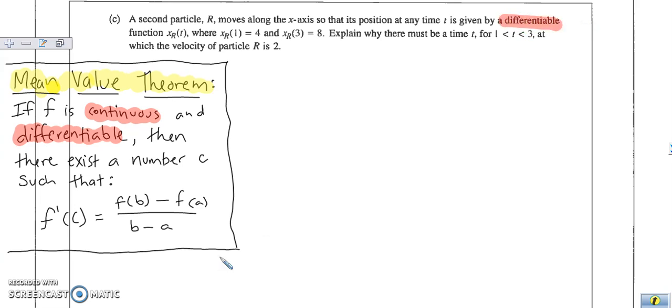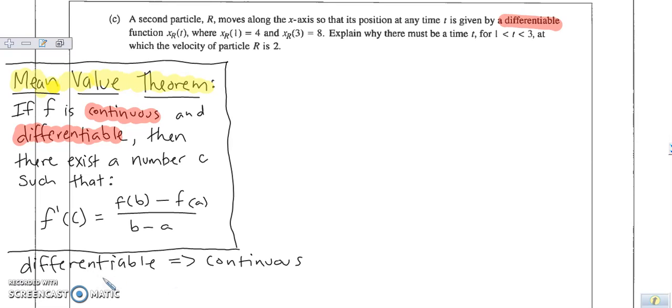Now, they tell us a lot by saying that it's differentiable, because differentiability implies continuity. Okay? And make sure you don't try to flip it. Continuity does not always imply differentiability. So it does not work the other way around.